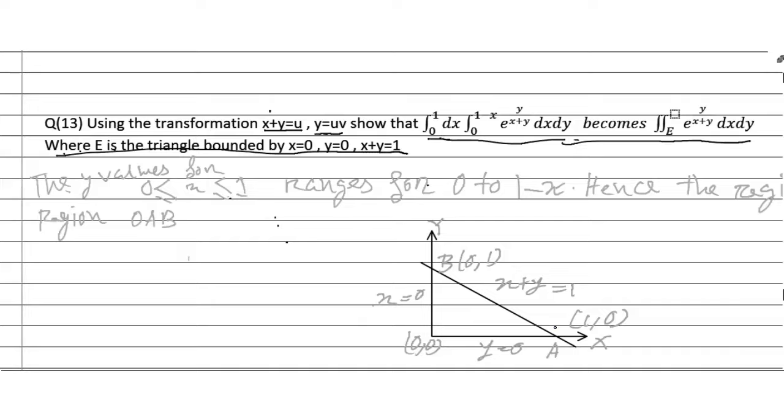So whatever you see, thus 0 to 1 dx and 0 to 1 minus x e to the power y divided by x plus y into dy. So the region is OAB. You will see.